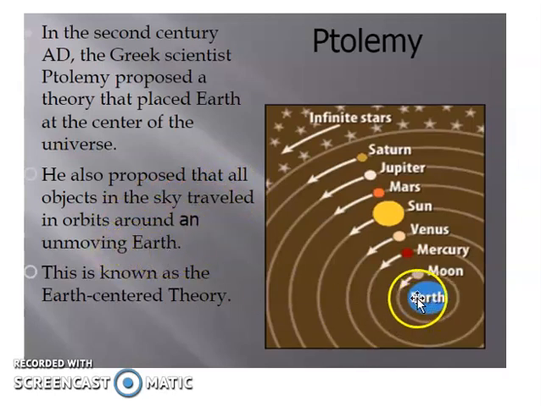So he believed that the earth is not moving, and the moon, the other planets, the stars, including the sun, are the ones orbiting and revolving around the universe. This is known as the earth-centered theory.